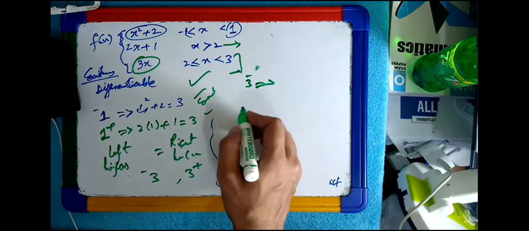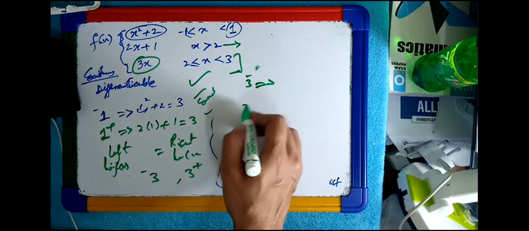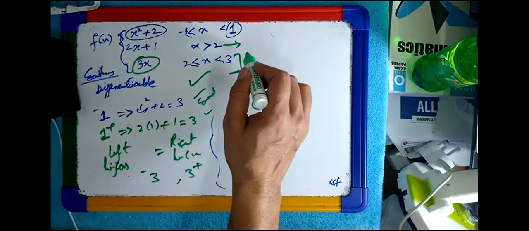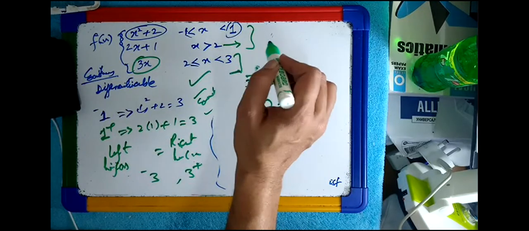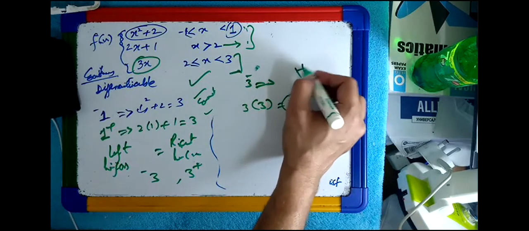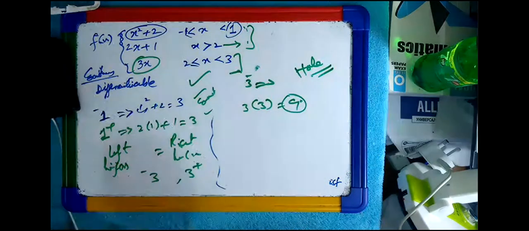So 3 into 3 is 9. This is not continuous with this one. These two are continuous, but this is not continuous, so this kind of function is called a hole.